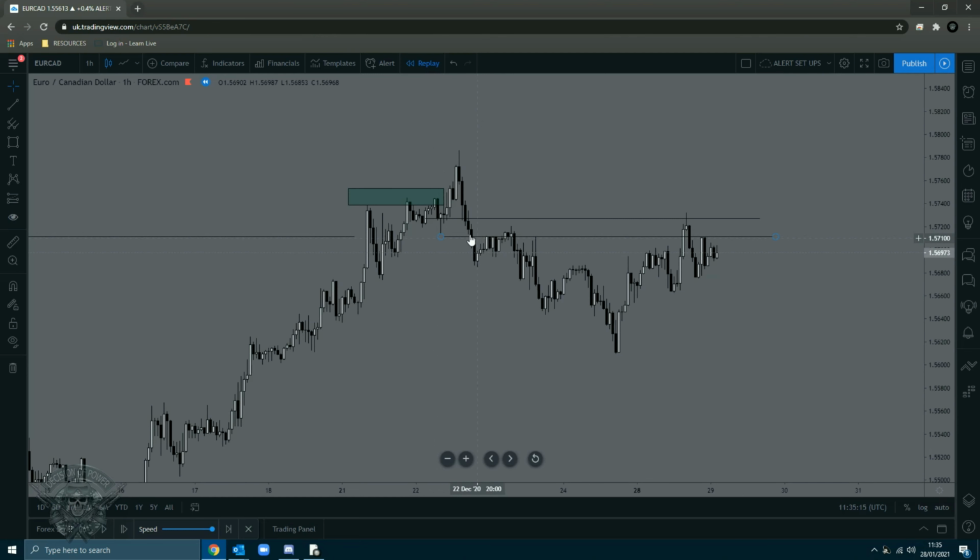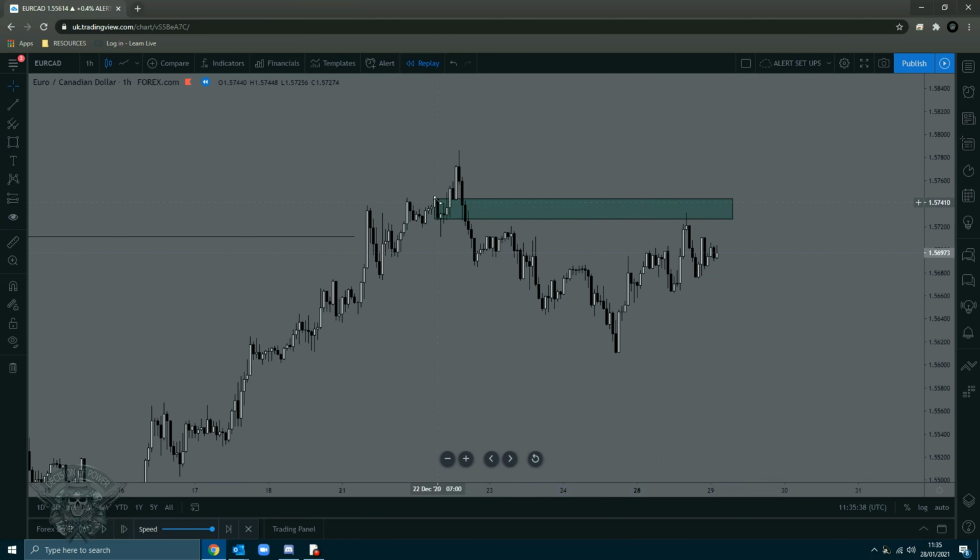Then we were looking for this down candle here that caused the move up. We're looking for a retest of the body of that candle. If I remove this bit of the drawing, I'm going to draw a box around that body, and that would be where we'd be looking to take a position.